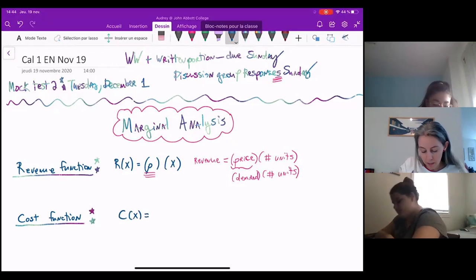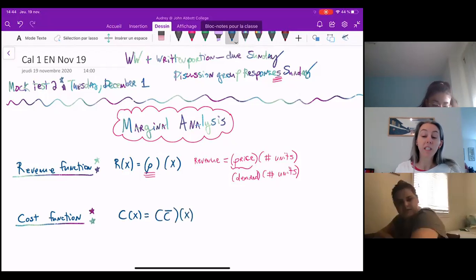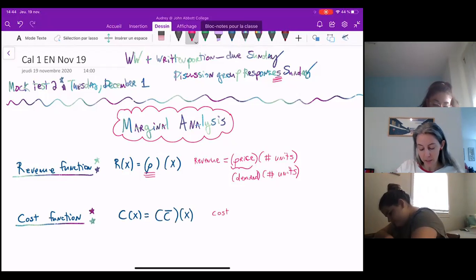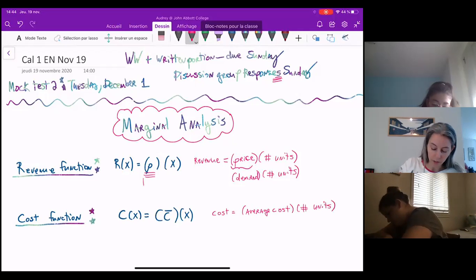And we say that it is equal to C bar times x, where C bar is average cost. So cost is equal to average cost times number of units. So this is price or demand. This is average cost.